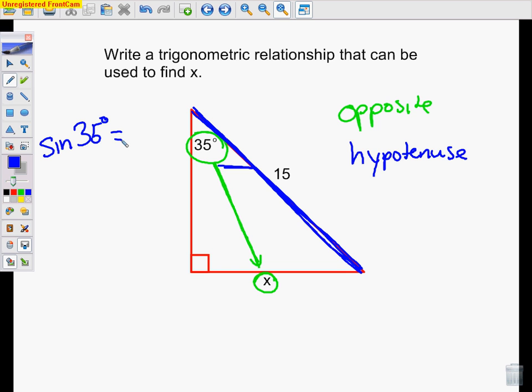And what is the opposite? That's x over the hypotenuse, and that's 15. So that would be the trigonometric relationship that you can use to find x. All right, let's go to the problem.